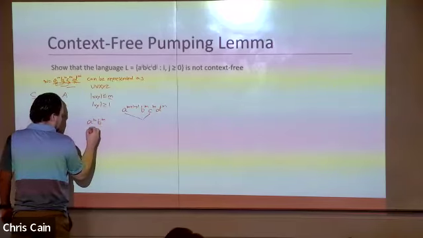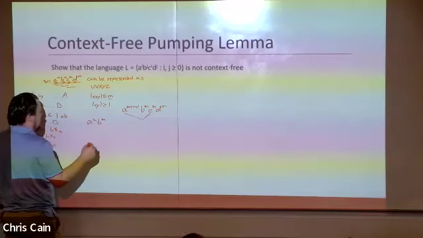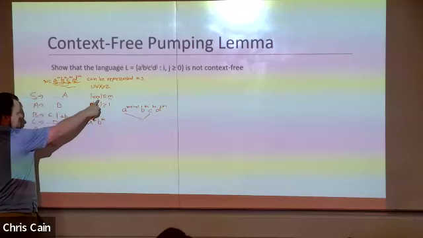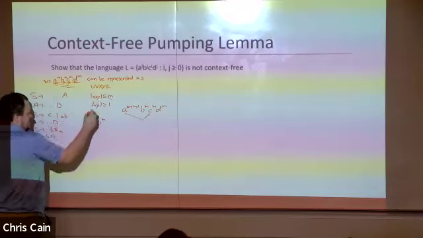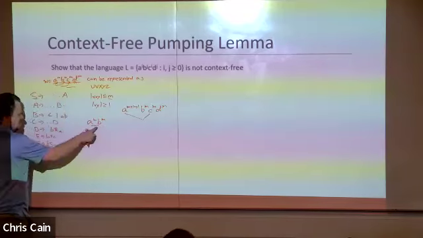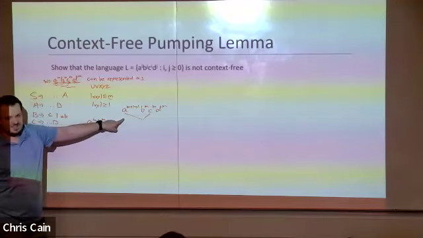We know that VXY is over some of this, but what gets pumped? The V and the Y, because Y can be empty. You could have V and X over here and Y being length 0 over here. So it breaks down into this case, where the recursion is all in the A's. If that's the case, use this argument.